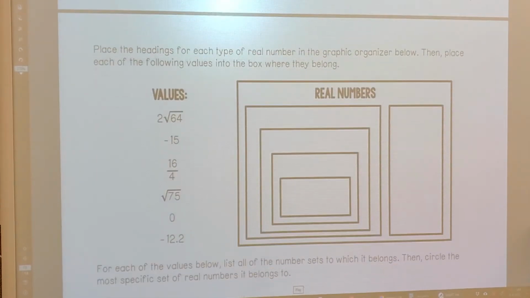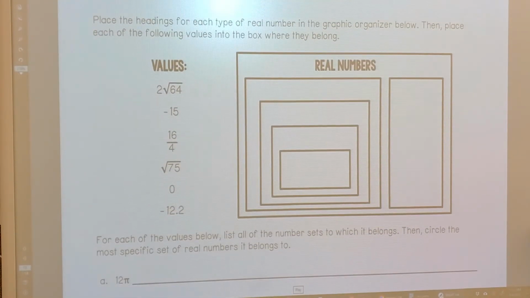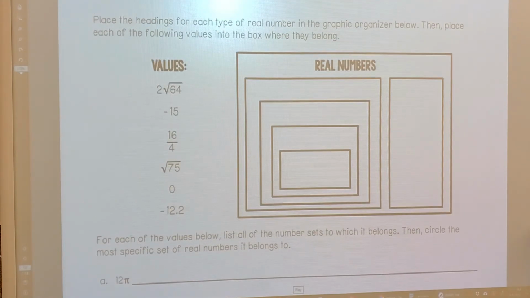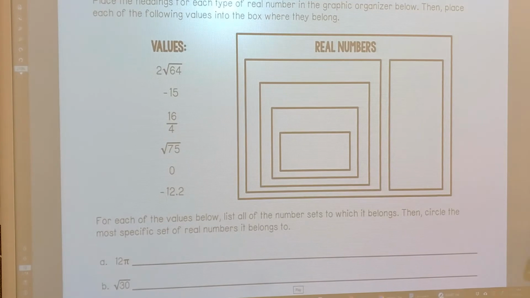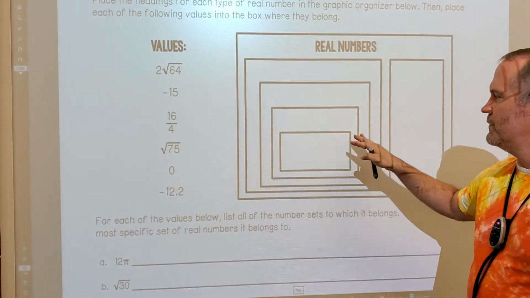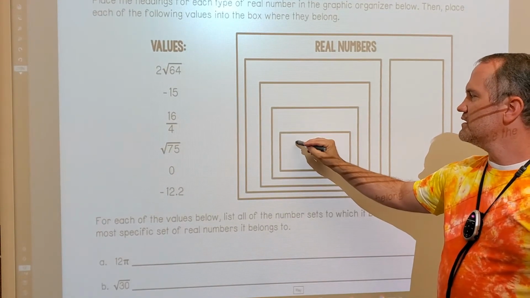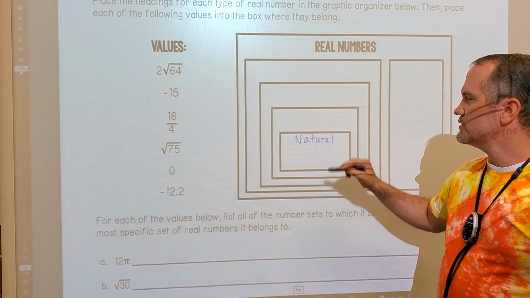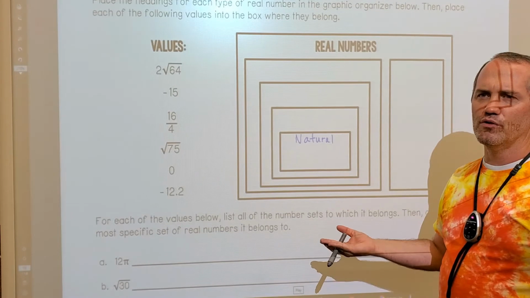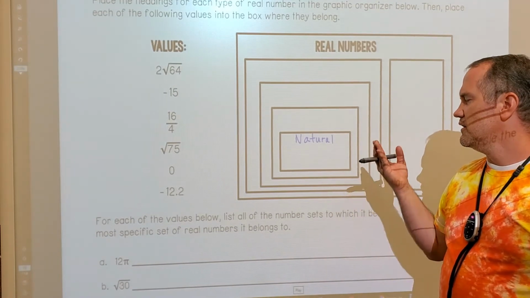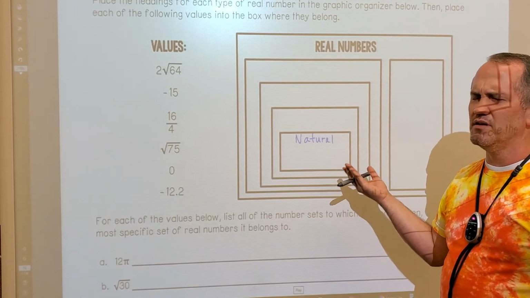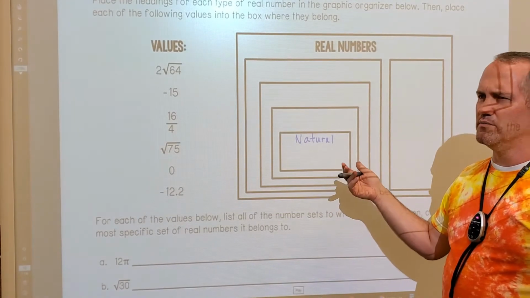So anyway, place the headings for each type of real number in the graphic organizer below, then place each of the following into the box it belongs in. In the most specific box right here, this is where we find our natural numbers. When you do your test, it will not have the natural numbers, I don't think. It might, but it usually gets skipped.